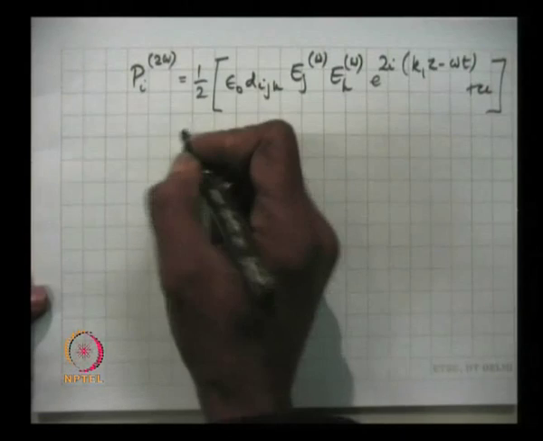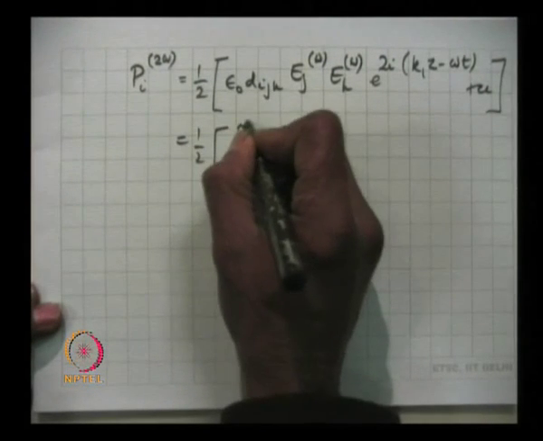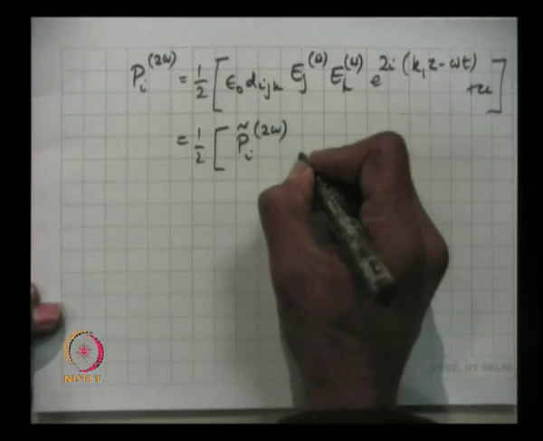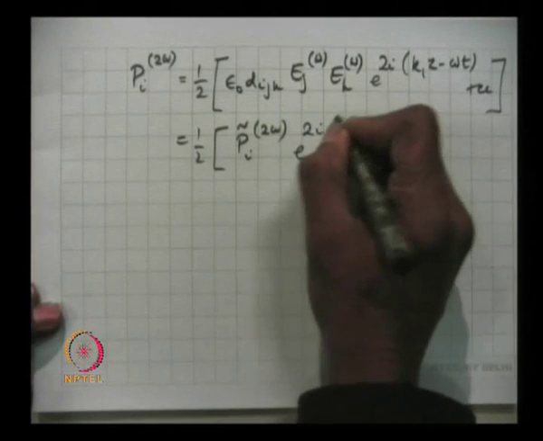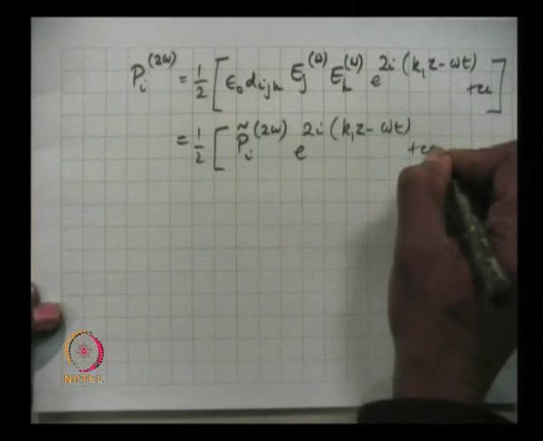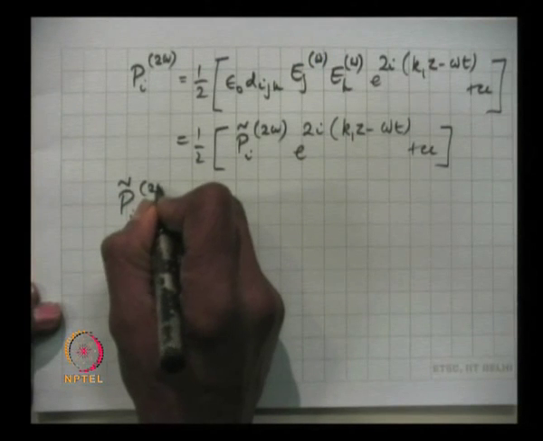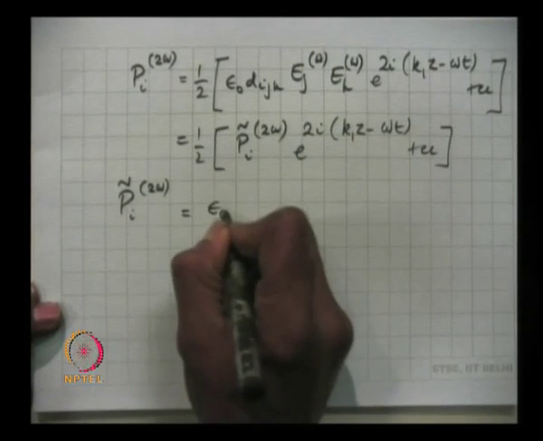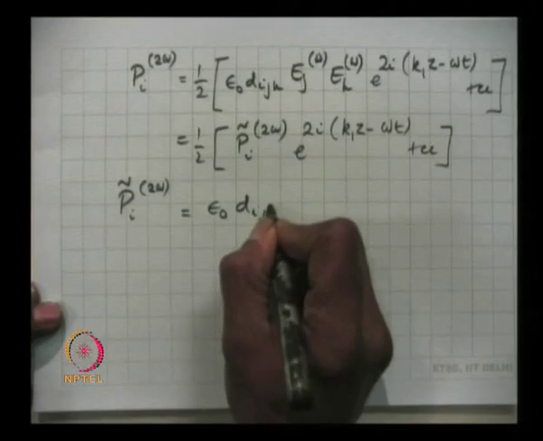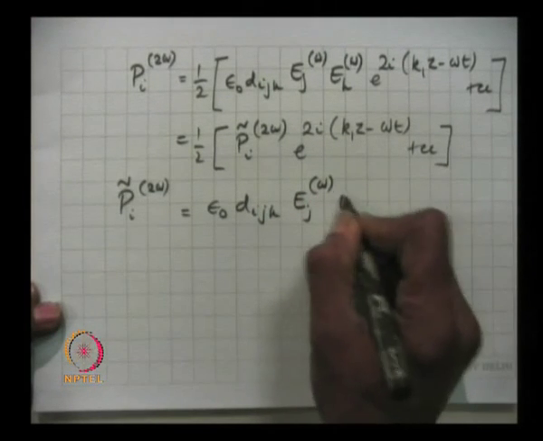So let me call this half of P_i tilde at 2 omega exponential 2i(k_1 z minus omega t) plus complex conjugate, where P_i tilde at 2 omega is equal to epsilon 0 d_ijk E_j of omega E_k of omega.